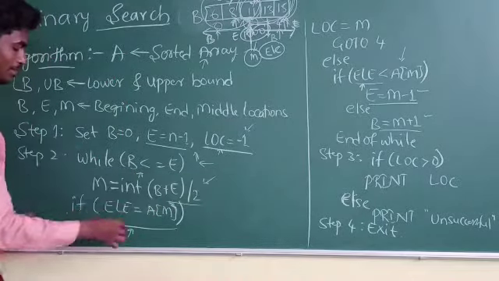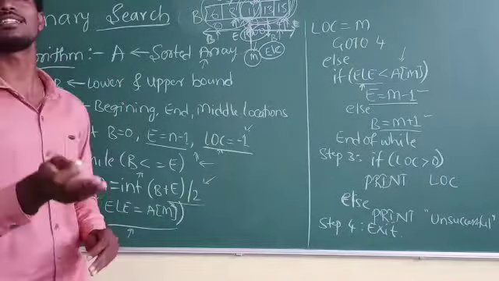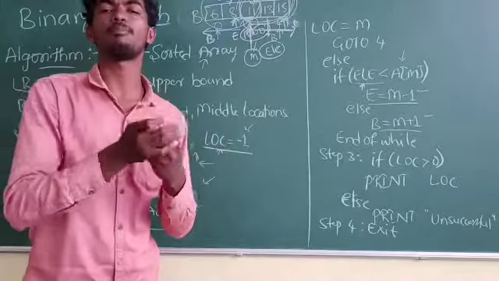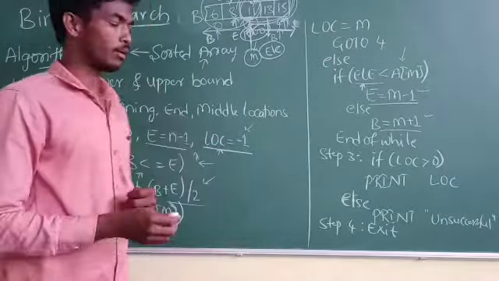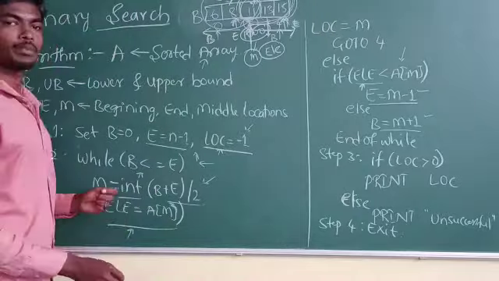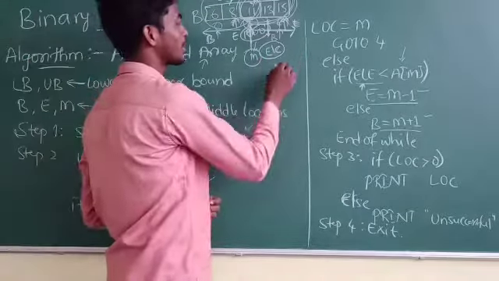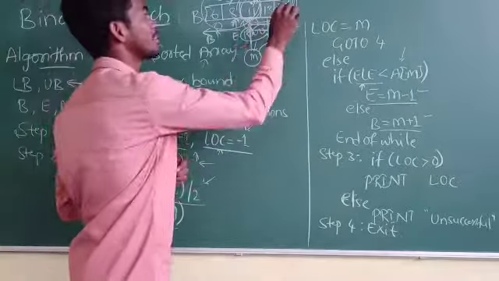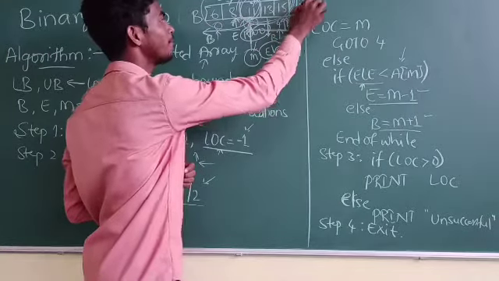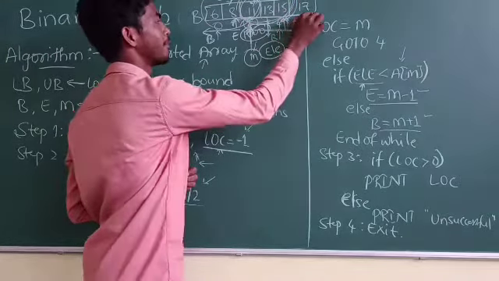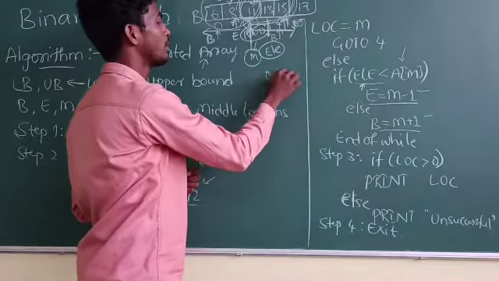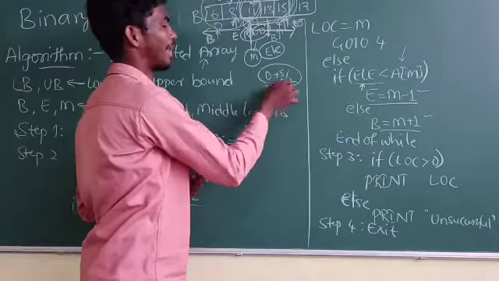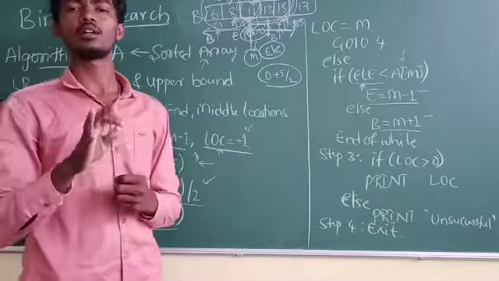Then this runs. Middle is equal to the integer of beginning plus ending divided by 2. We use the integer because in some cases, for example if there are 6 elements, the indexes are 0 to 5, and 0 plus 5 divided by 2 gives a fractional value.